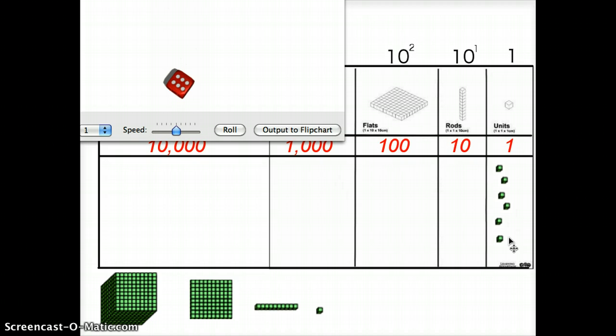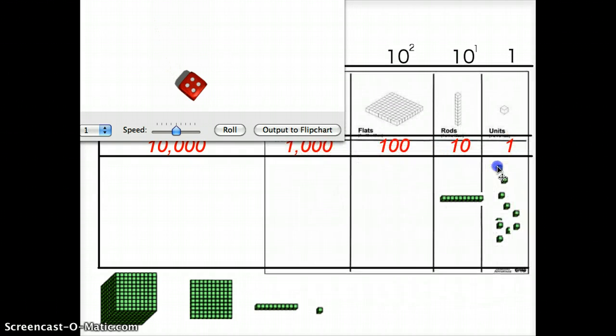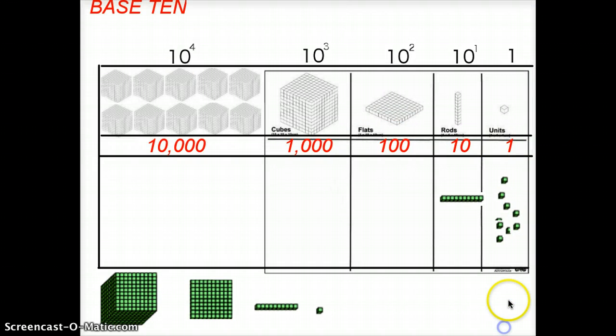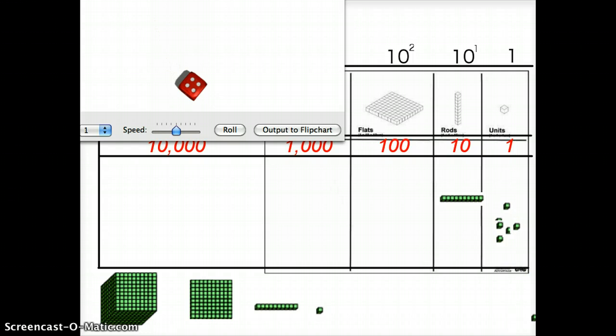At that point, this would be the least amount of items for this grouping. That student would roll again and get 4. 1, 2, 3, 4, and what they have now is 10 ones. So there is a more efficient way to represent this, and that would be with a 10. The students would swap that out. It's the same amount of items, but more efficiently grouped.